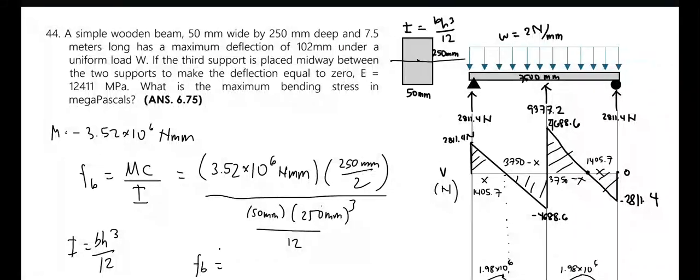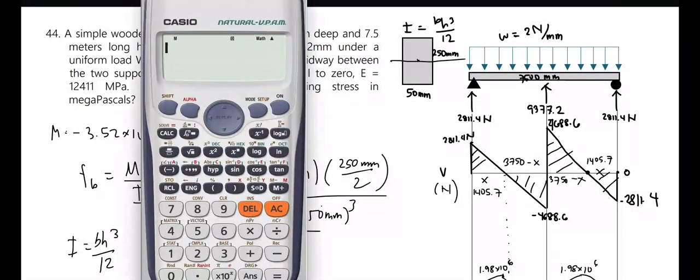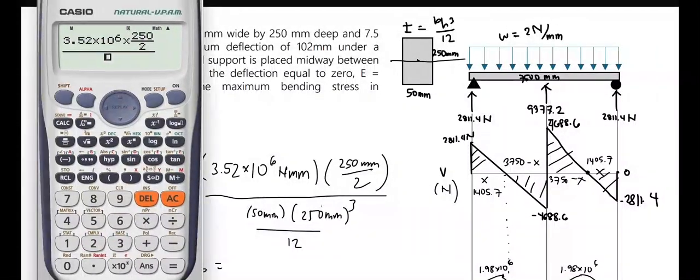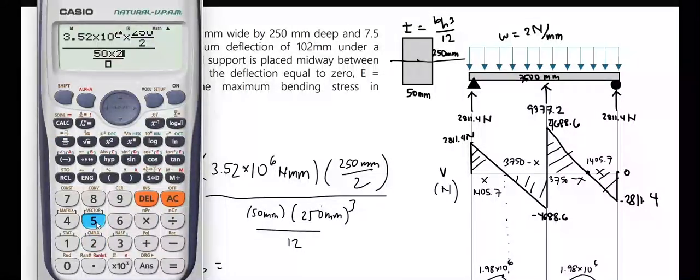We get our maximum bending stress. That is equal to 3.52 times 10 raised to the power of 6 multiplied by 250 over 2 divided by the inertia of 50 times 250 cubed divided by 12.